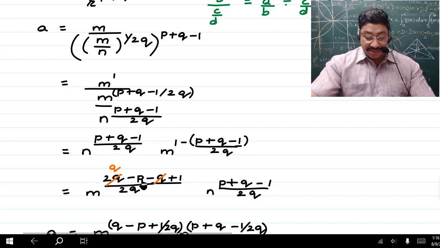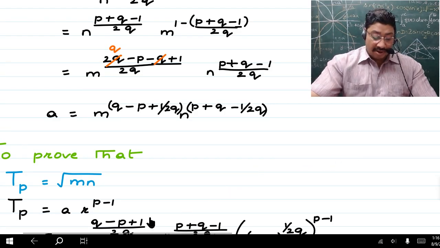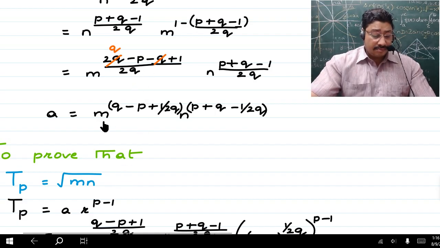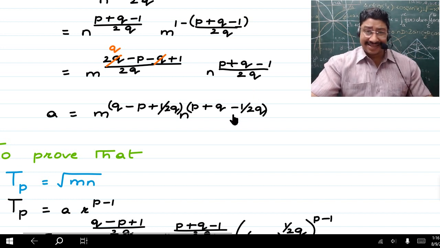Then we have minus p and minus plus 1. Next, now, children, after this, we will finally solve this out, and in solving that out, we now get here m raised to the power (q minus p plus 1) whole divided by 2q, and the power of n, which was p plus q minus 1 divided by 2q, remains as it is.